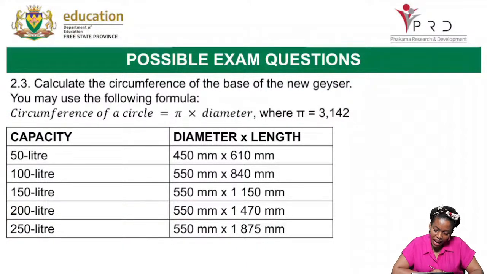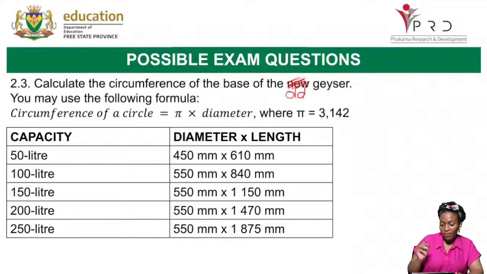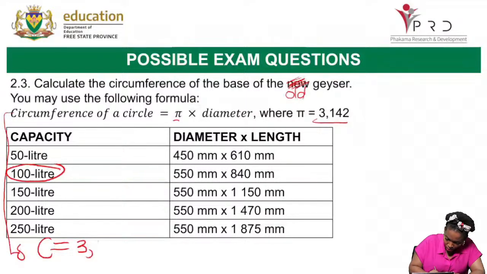2.3. Calculate the circumference of the base of the new geyser. We already calculated for the new geyser, so let's make this the old geyser. So let's say calculate the circumference of the base of the old geyser. Remember, what are the dimensions of the old geyser? It is 100 liters. So we'll use the same formula: circumference equals, what is the value of pi? It is 3.142 multiplied by, what is the diameter?